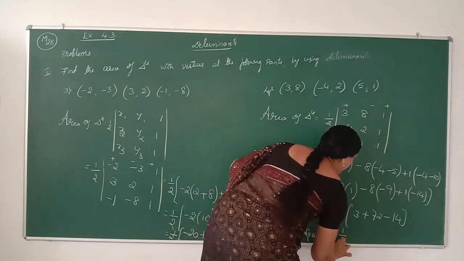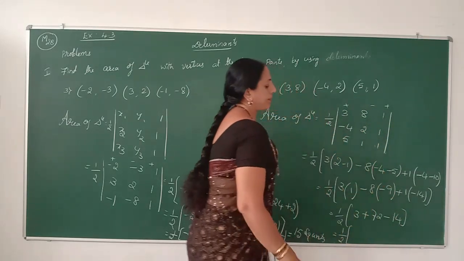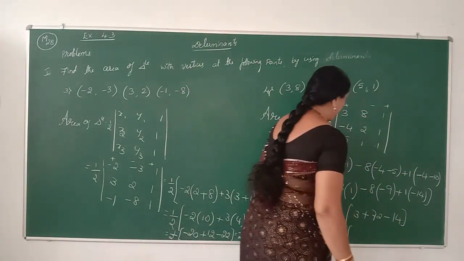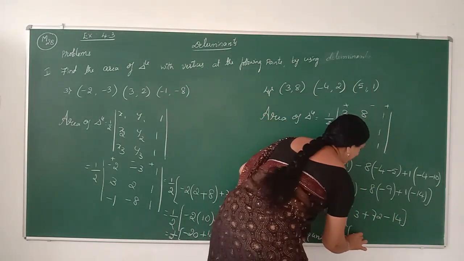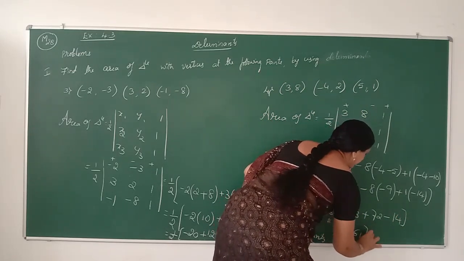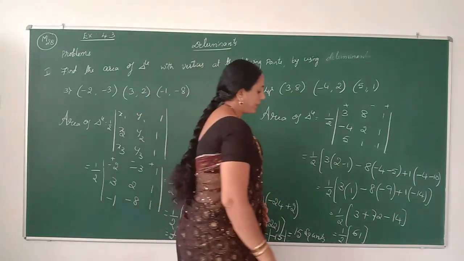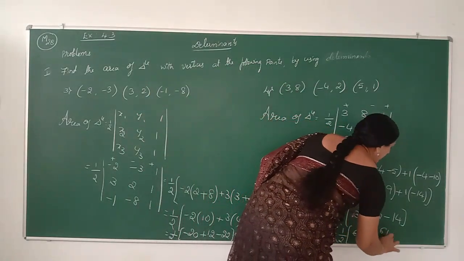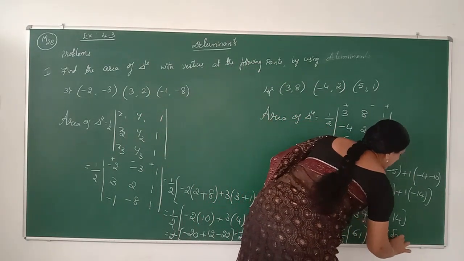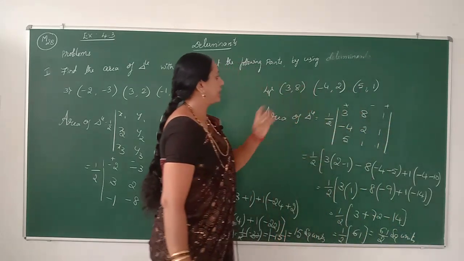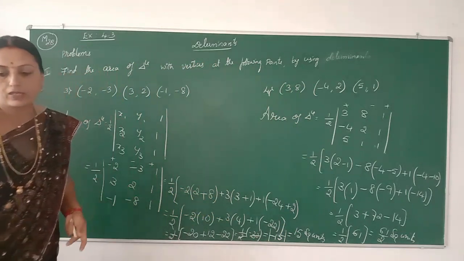Simplifying, half of: 3 plus 72 is 75, 75 minus 14 is 61. So half of 61 is nothing but 61 divided by 2 square units. That is called the area of the triangle using the given vertices.